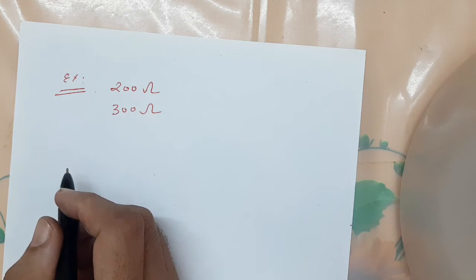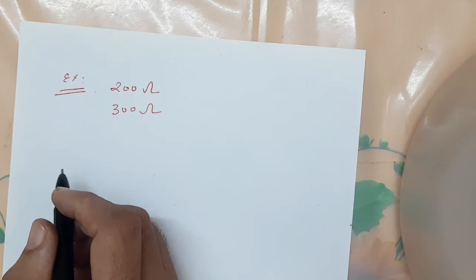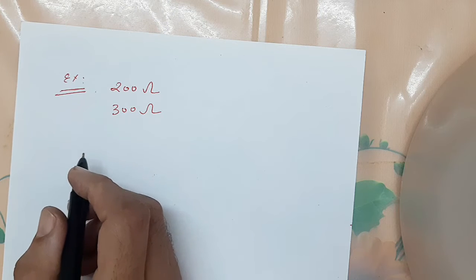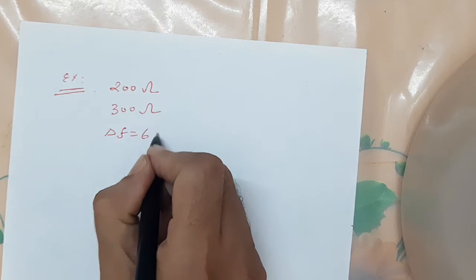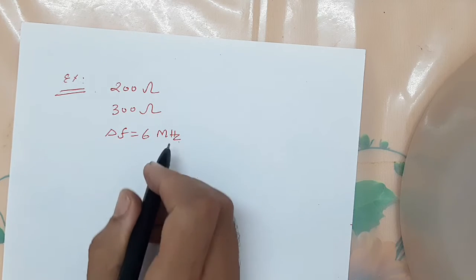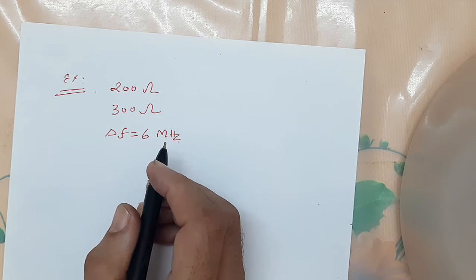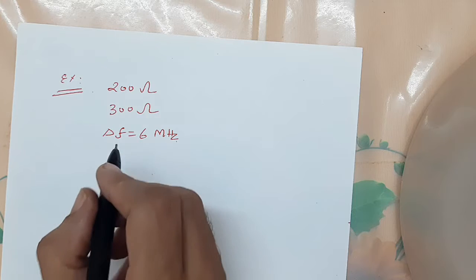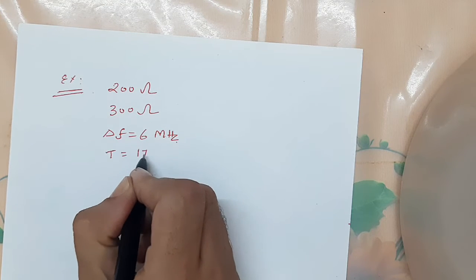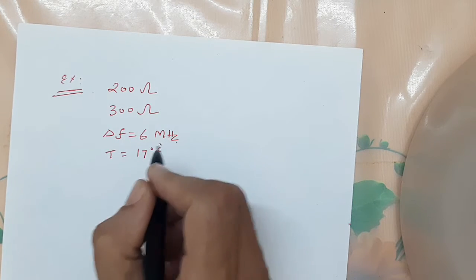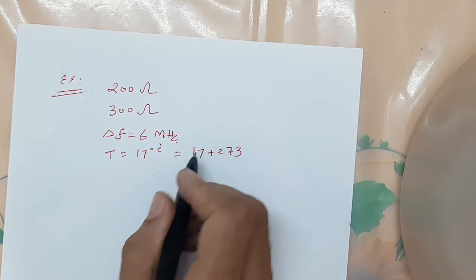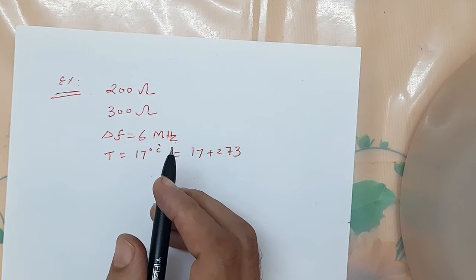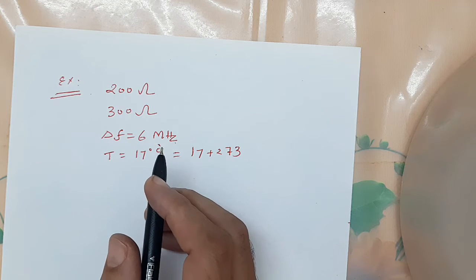The bandwidth of the amplifier, that means delta F, is equal to 6 megahertz, and the temperature is 17 degrees centigrade, that is 17 plus 273. Then find out the Vn total.